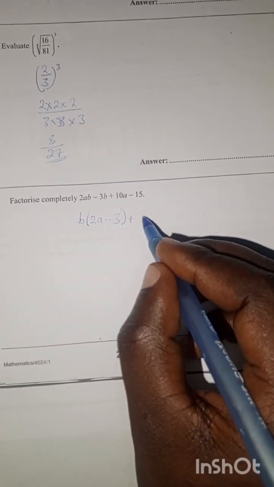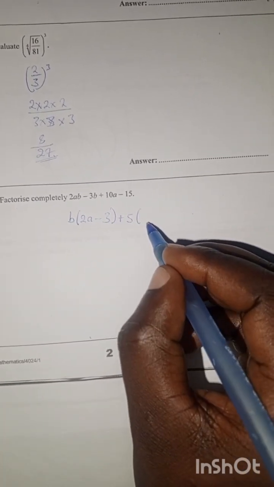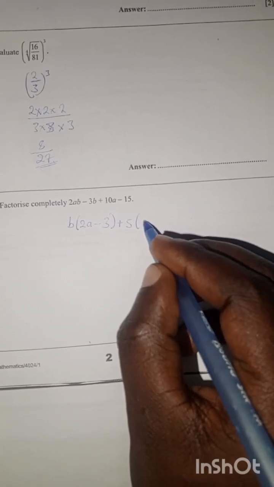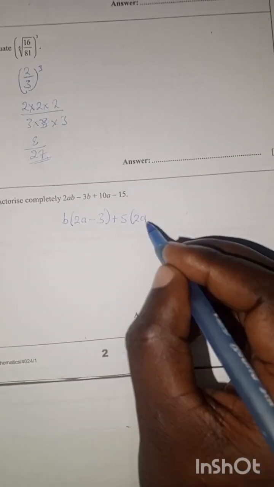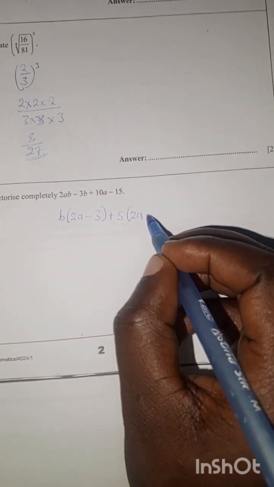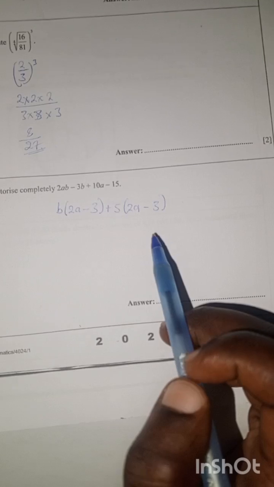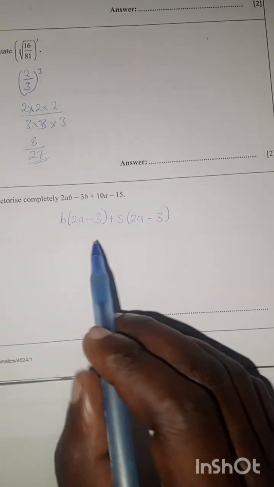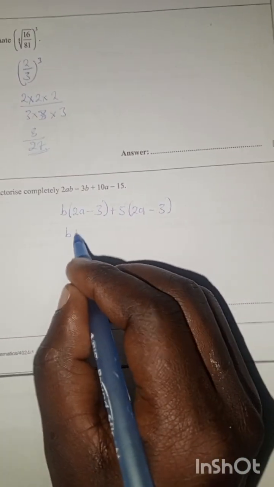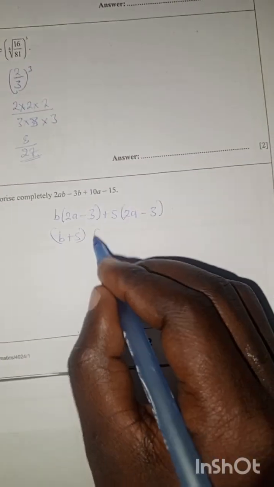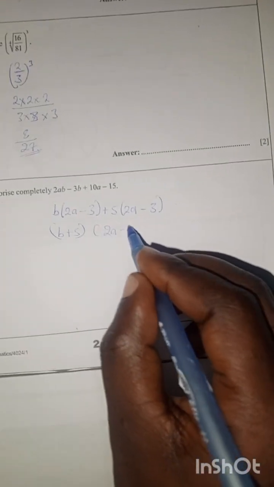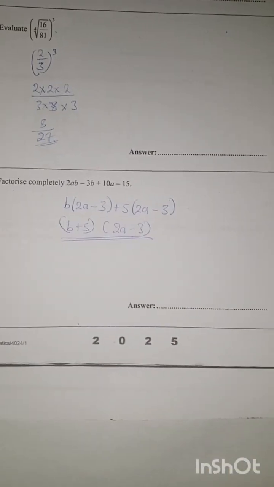And here you can see 5 is the common factor: 5 into 10 is just 2a, and negative 5 into 15 is just 3. Now once we see this, we know that we are in the right direction. So we get b plus 5, and pick one from the 2, 2a minus 3, and then the factorization is done.